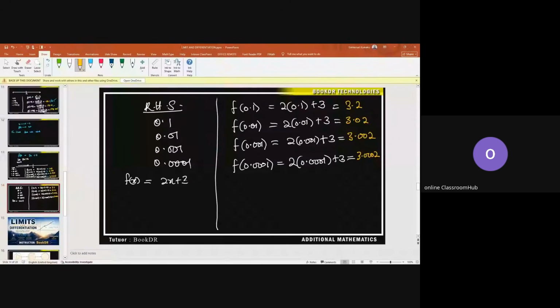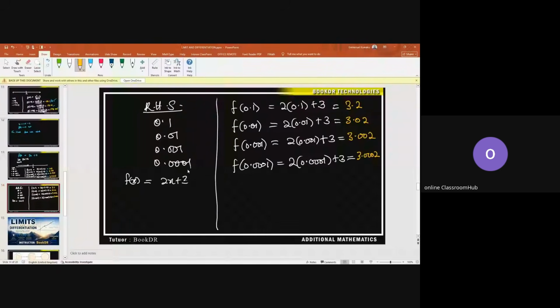For example, the last number here, if we decide to round to two decimal places, that is just 3. So when the left-hand side and the right-hand side all point to a particular number, we say the limit exists, and the limit is that particular value.